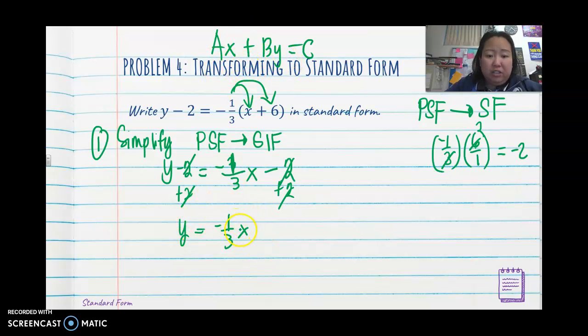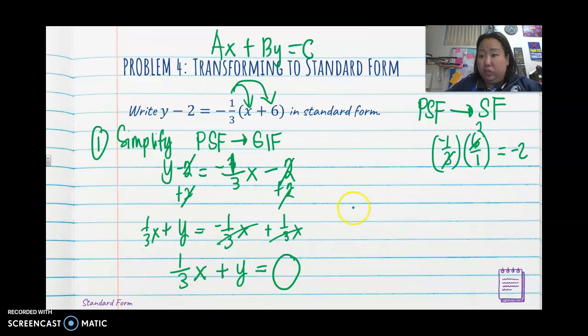So we simply transfer this to the other side. So you will have a plus 1/3 x, okay? So your equation now is 1 over 3x plus y is equal to, do you have anything left on your right side? Nothing more. So that's going to be a 0.